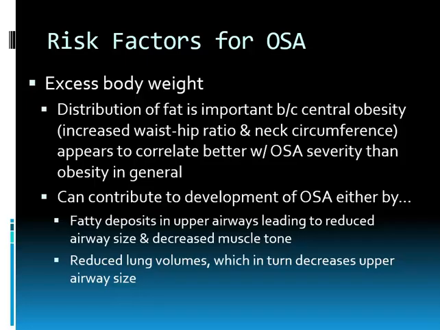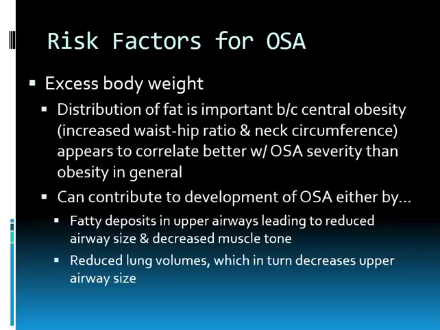There are a couple of different ways that weight can impact OSA. Not only can weight weigh down on our lung volumes, being obese can impact the ability to take a deep breath, can impact the muscles of breathing, and make it more crowded with the diaphragm, so it can decrease your airway size. But also consider where the fatty deposits are occurring.